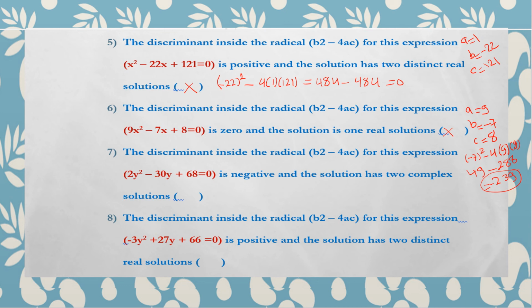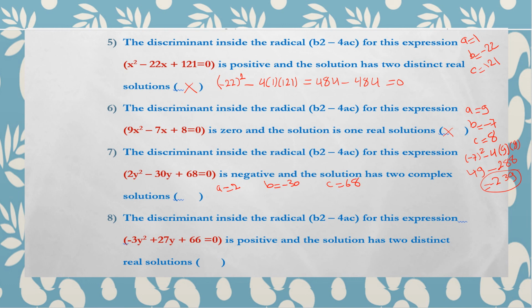two complex solutions. Question 7, the discriminant inside the radical for this expression is negative and the solution has two complex solutions. First, we should find the value of A, which equals 2, B equals minus 30, and C equals 68.